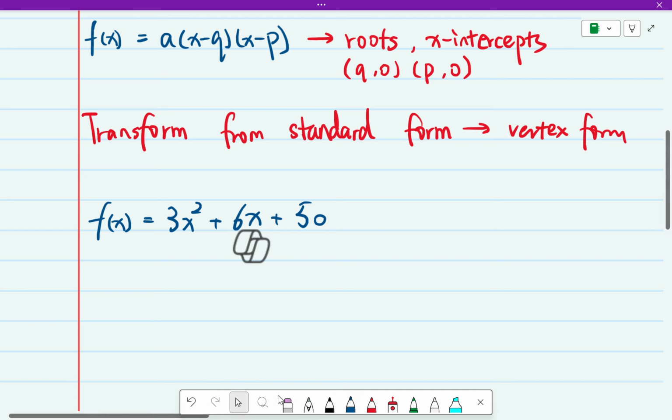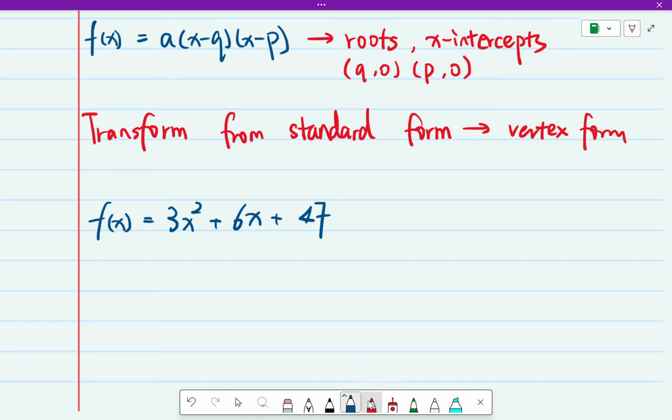Let's make this 50 even uglier. Let's say 47. There's no way to factor this fully by inspection, by grouping, or whatever. It's definitely not a perfect square trinomial. So how can we make it be in the vertex form?